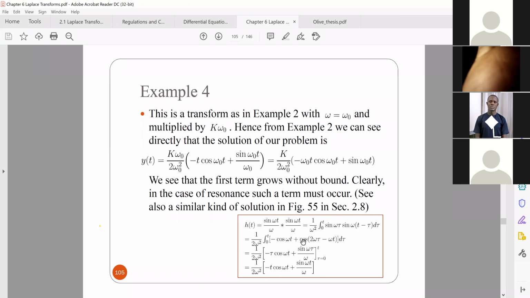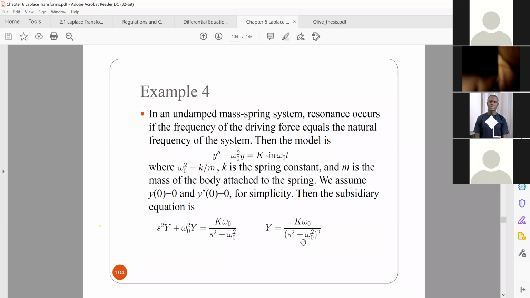Okay, so the issue is then how to solve that. So from example 2, the one we have just done, yes. Because if you look at this, it's s squared plus omega naught squared over s squared plus omega naught squared, which is a multiplication of two sine functions.